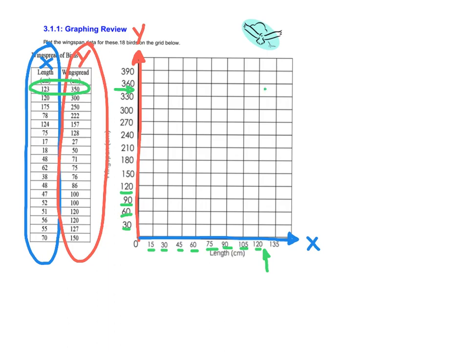That point right there. The next point, 120, 300. Now I don't have to ballpark 120 for x. There is a 120, right here. So 120 and 300, where those two things meet, x and y, is where that point is.